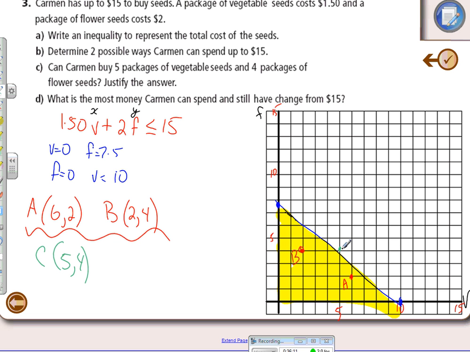We could algebraically plug in 5 for V and 4 for F and work it through to see if it's less than or equal to $15. Or we can do it graphically and see that it's above the line, so no, she can't. Or if you did it algebraically, you would say it does not satisfy the inequality.